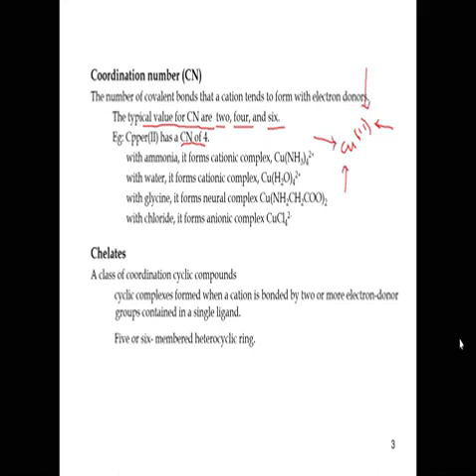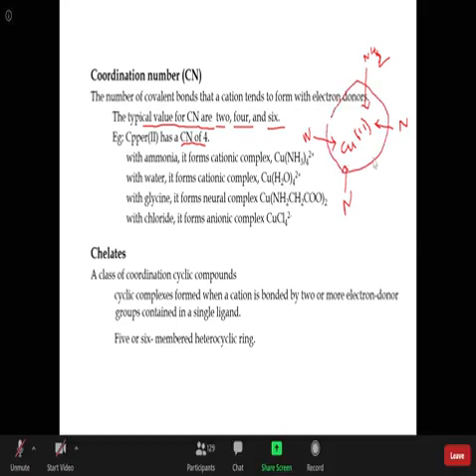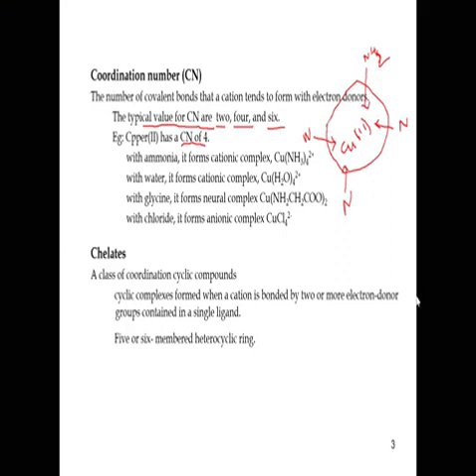For example, ammonia: another ammonia molecule here, another here, and another here. That is 4 coordination bonds, 1, 2, 3, 4. For copper 2 plus, the very common coordination number is 4.